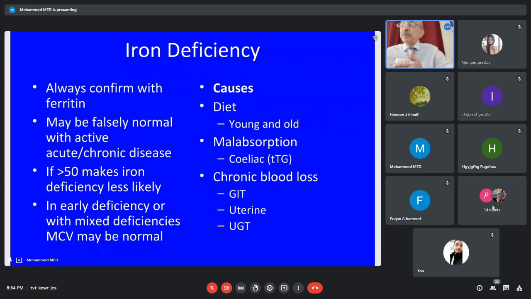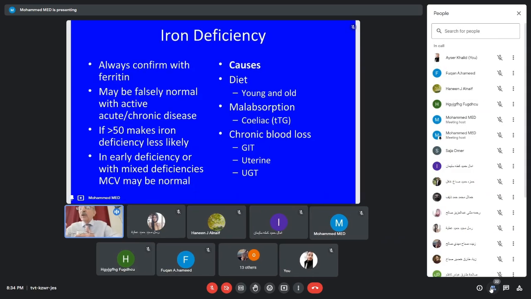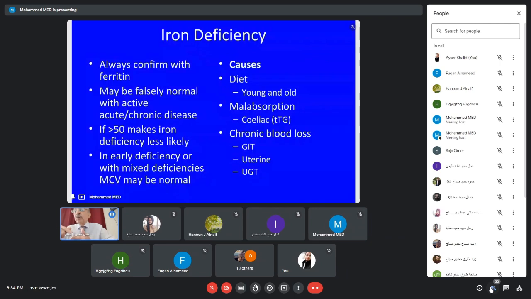Chronic blood loss occurs mainly from two systems: from the gastrointestinal system, and this is common in males, and from the gastrointestinal system and the uterus in a female.